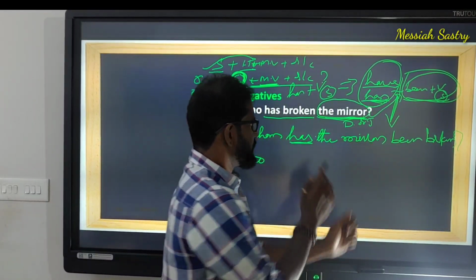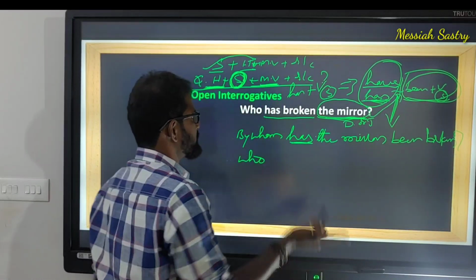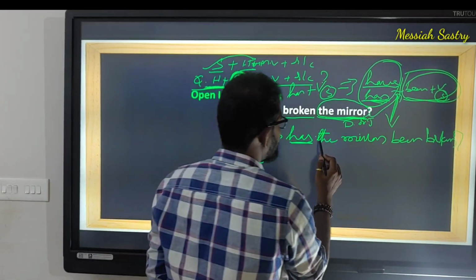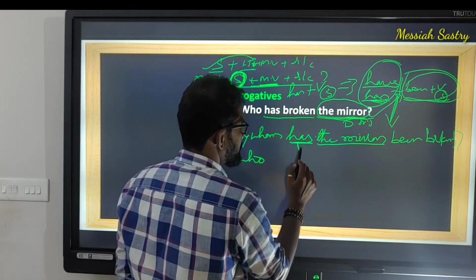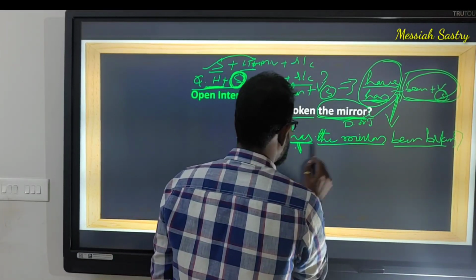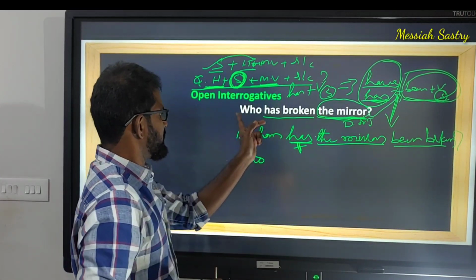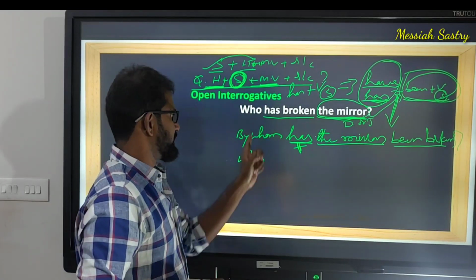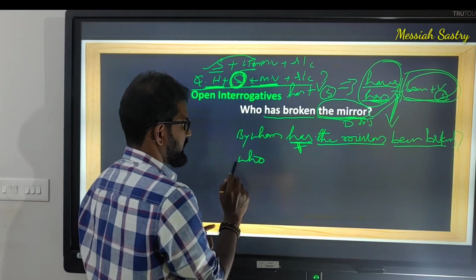This is how. So the only difference from declarative to interrogative is that the subject has to be placed between the helping verb and main verb. Here there is a possibility of writing the same question using who. Let us see how.